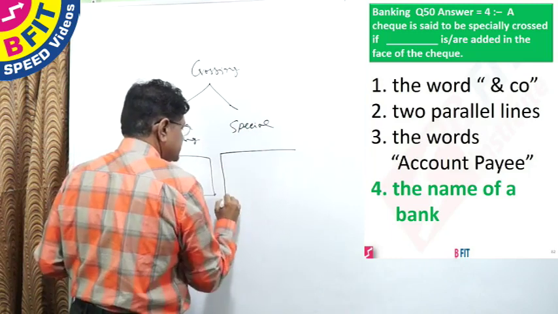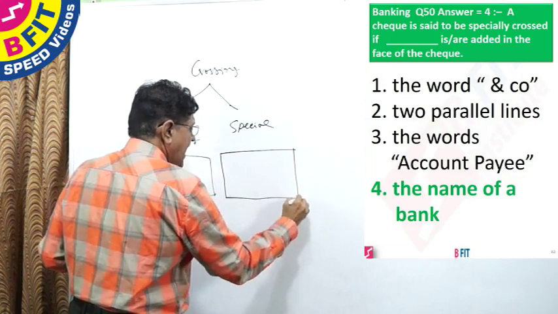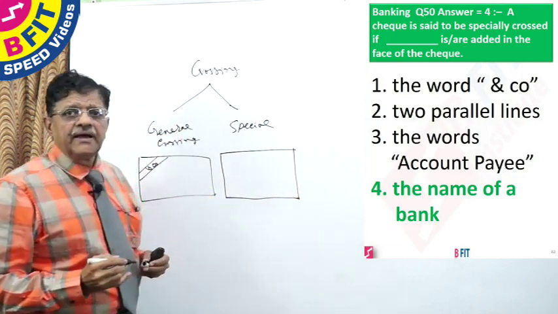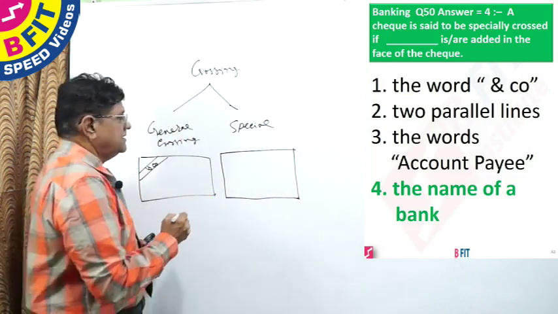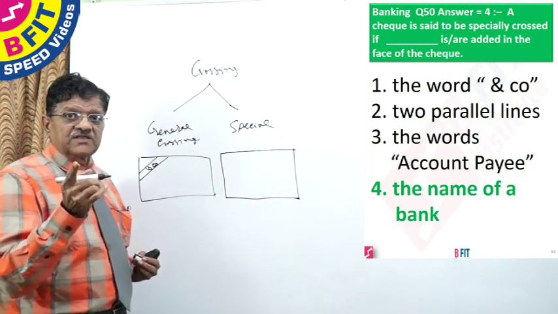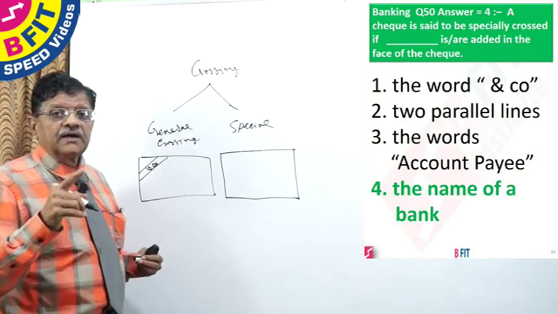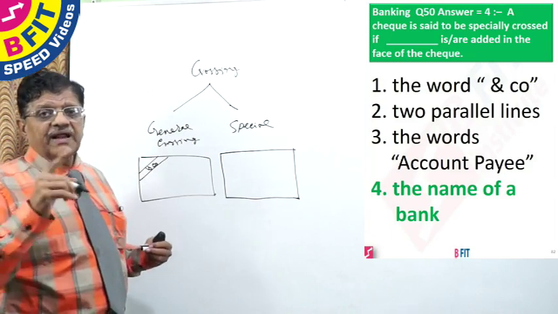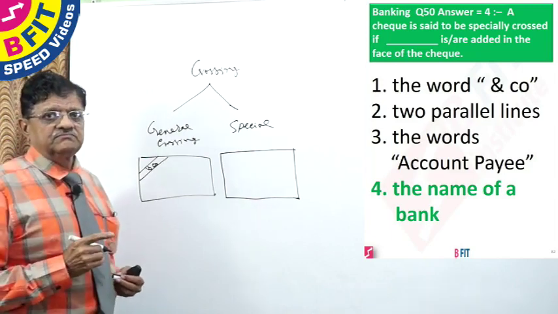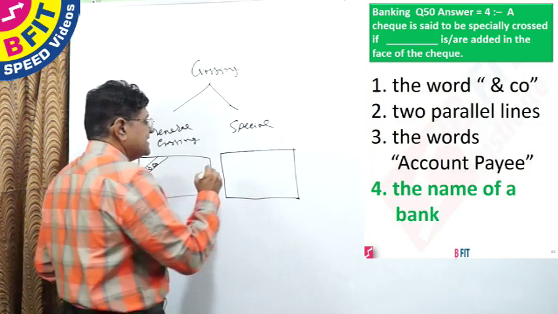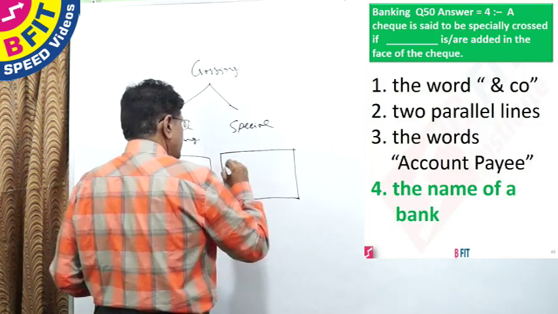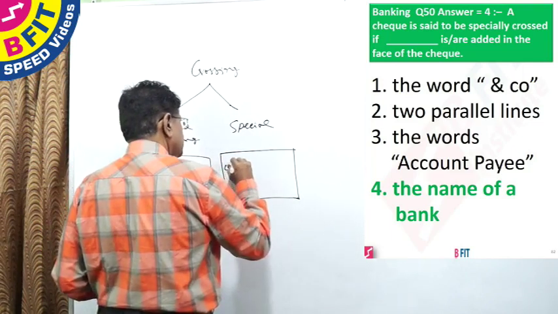Special crossing means adding the name of a bank with or without two transverse parallel lines. So what is special crossing? You add Canara Bank.